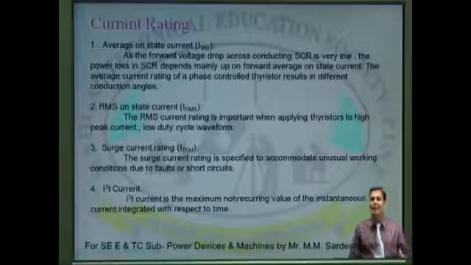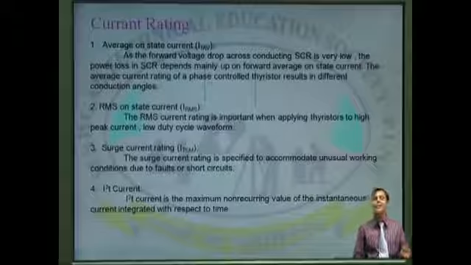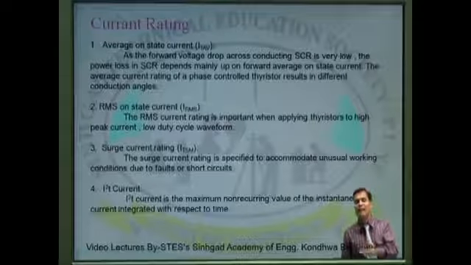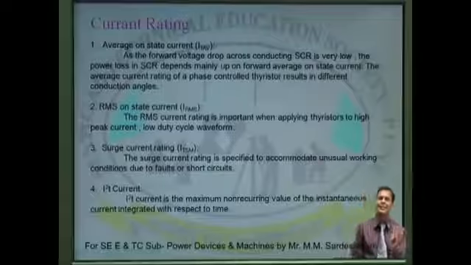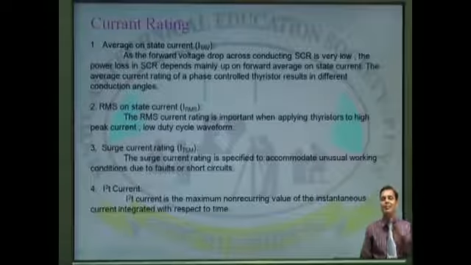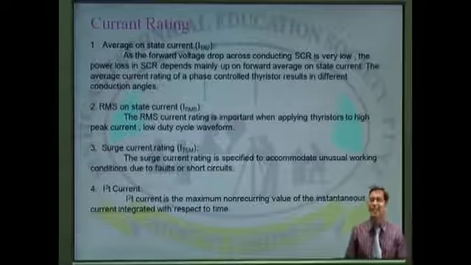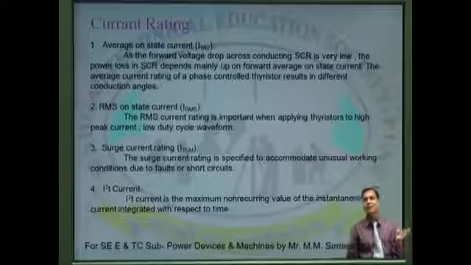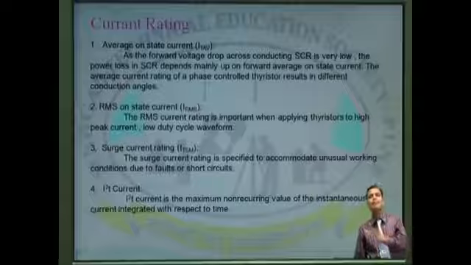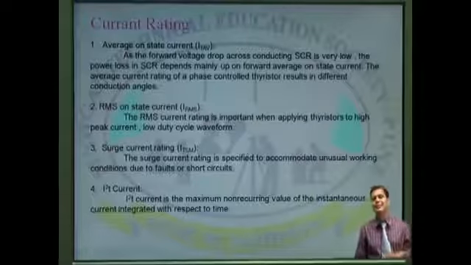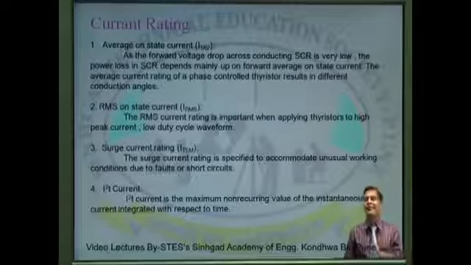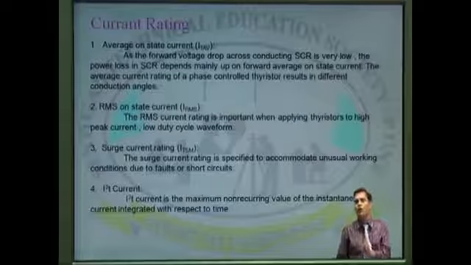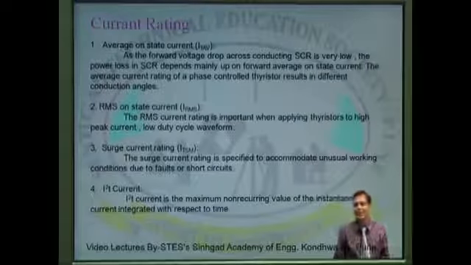This is because if the same IT average is permitted for all the firing angles, then with a smaller firing angle, to get the same average current, the peak value of current will increase to a level which exceeds the limit, because the power dissipation will increase, and as power dissipation increases, the heat generated at the junction will increase, and this heat may create a local hotspot across the junction which will damage the device.